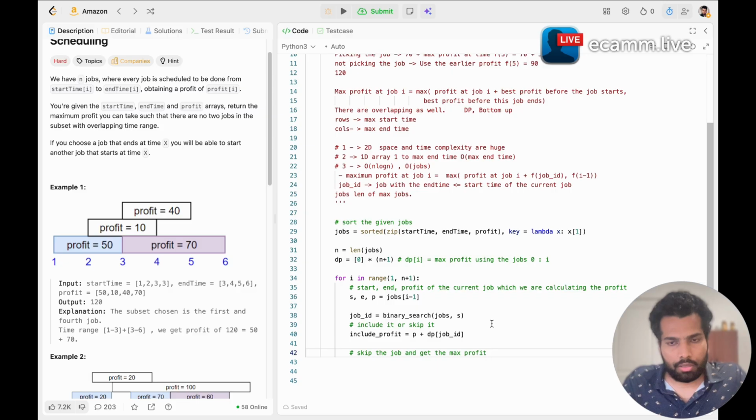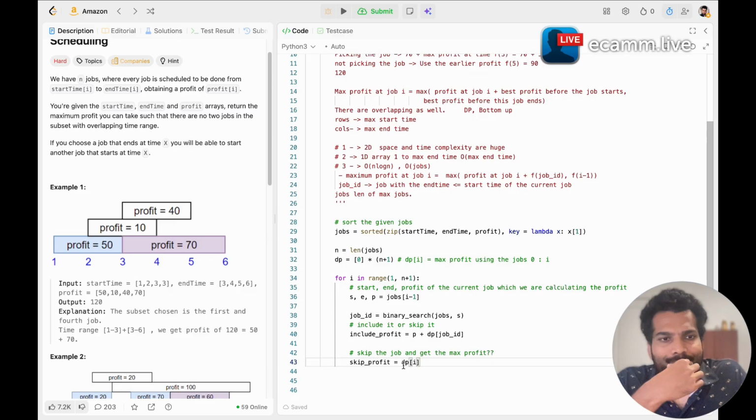So this would be skip_profit is equal to, I think this would just be directly dp of i minus 1. Yes, it should be i minus 1.